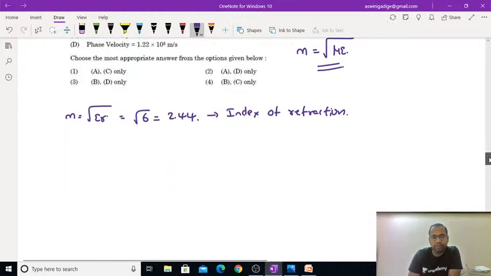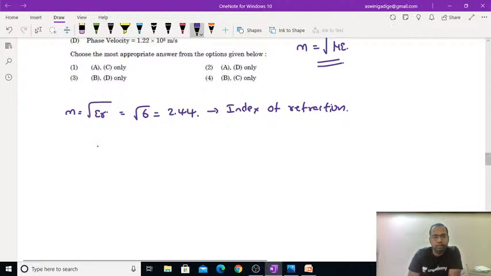Phase velocity can be taken as u is equal to omega by beta, angular frequency by beta.